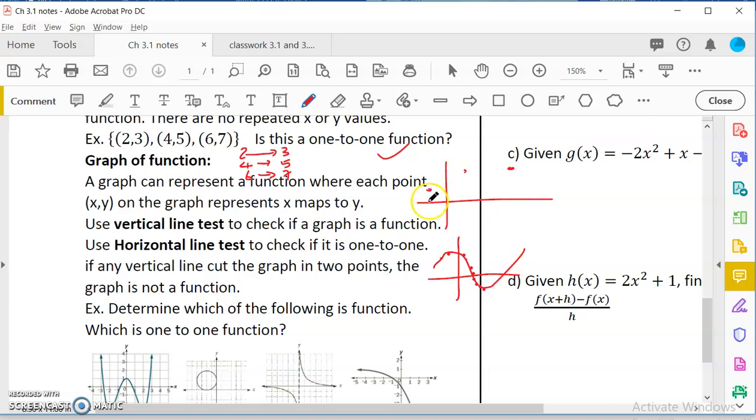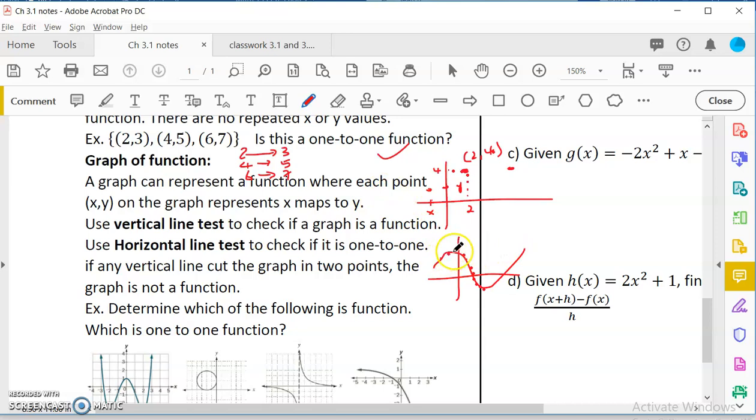You read off the x value and the y value. This x, like maybe 2, maps to 4. The coordinate tells you what x maps to. If there are lots of values, then every single x on the graph maps to the corresponding point.